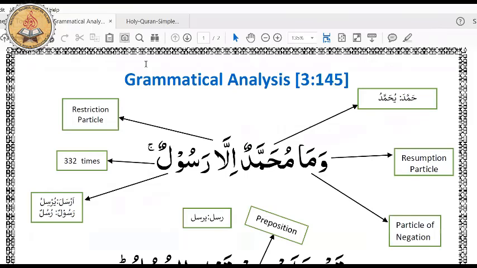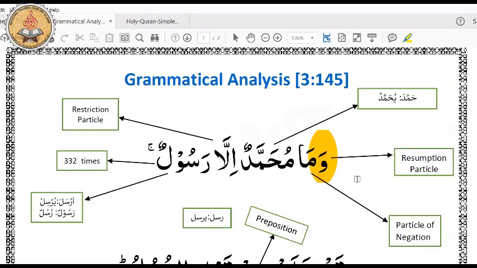Now, as you can see here, the very first word is wa, and wa is a resumption particle.